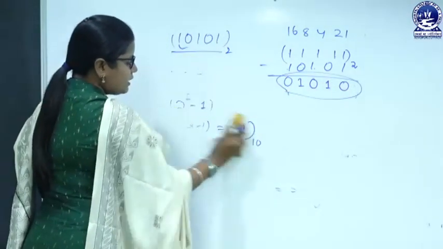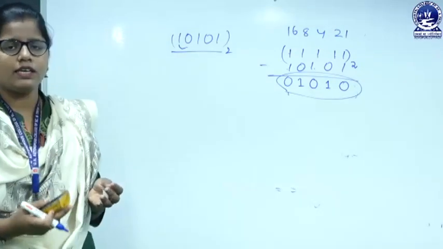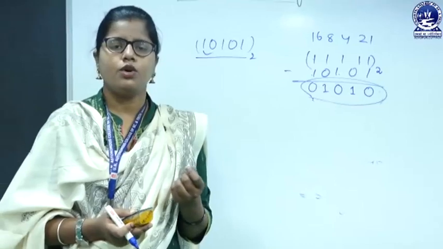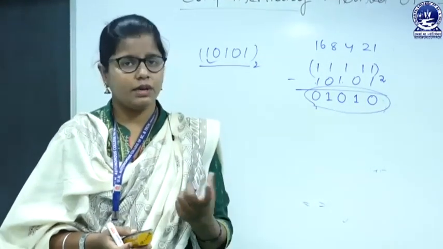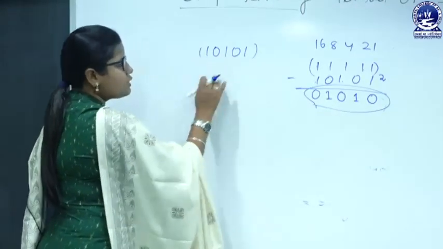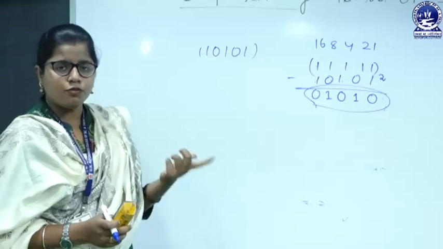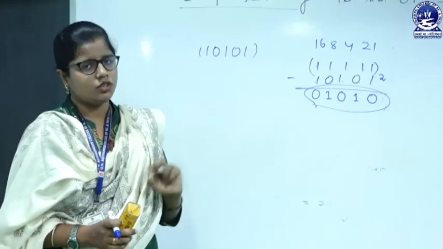So another method is there where we can find the complement of any given binary number without using the complementary method. So how to complement a binary number? Here simply we need to transfer each and every 1 into 0 and each and every 0 into 1.